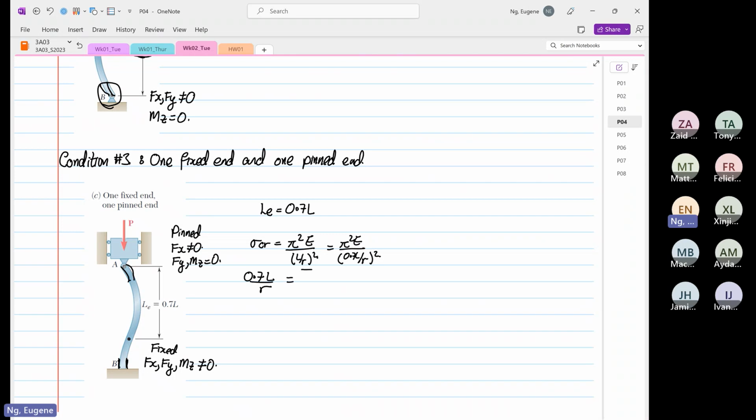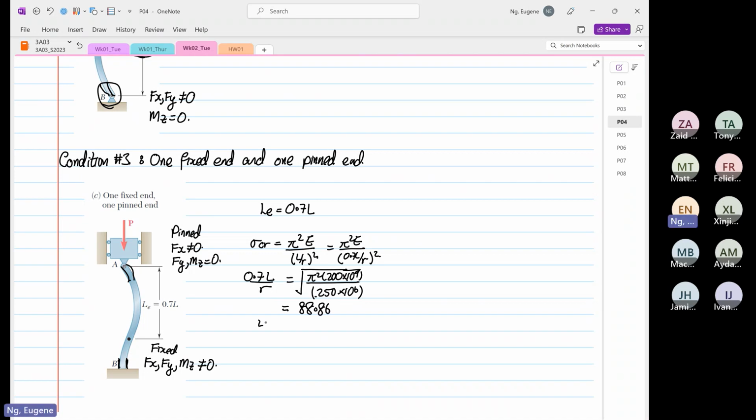This will be equal to the square root of pi squared times 200 times 10 to the power 9, the whole thing divided by 250 times 10 to the power 6. So this will be equal to 88.86.